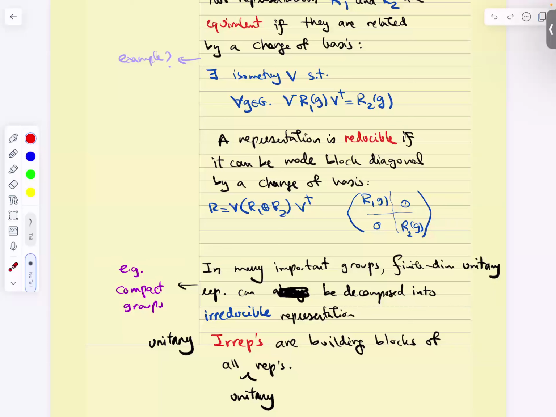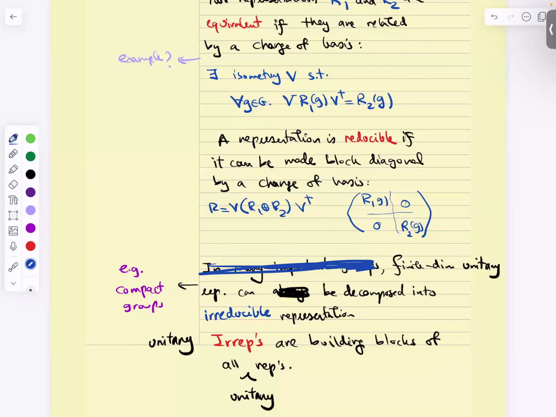Why? Because, as usual in classification, there's a result in math that says, in many important groups, the theorem says finite dimensional unitary representations of compact groups can always be decomposed in terms of irreducible representations.